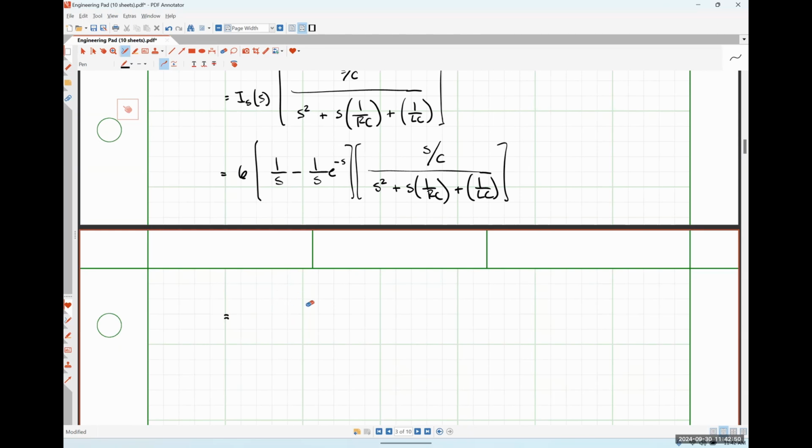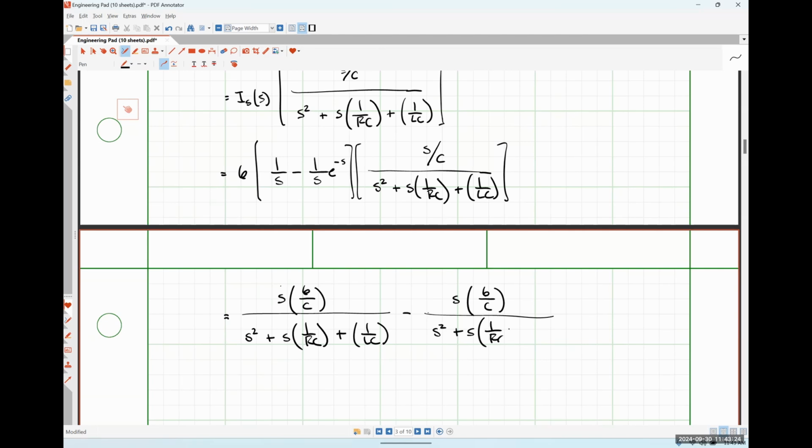Actually, let me write that as s times a factor of 6 over c divided by s squared plus s times 1 over rc plus 1 over lc, minus s times 6 over c over s squared plus s times 1 over rc plus 1 over lc, and this whole thing multiplied by a factor of e to the negative s.